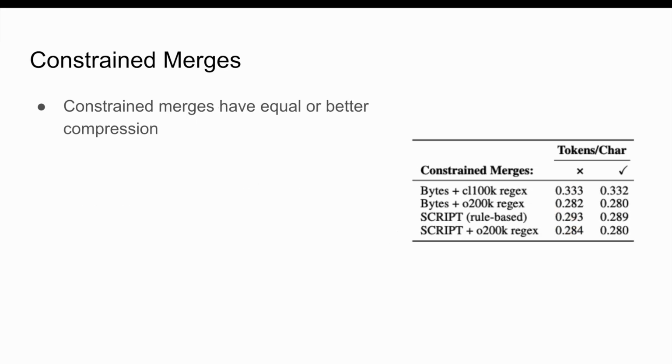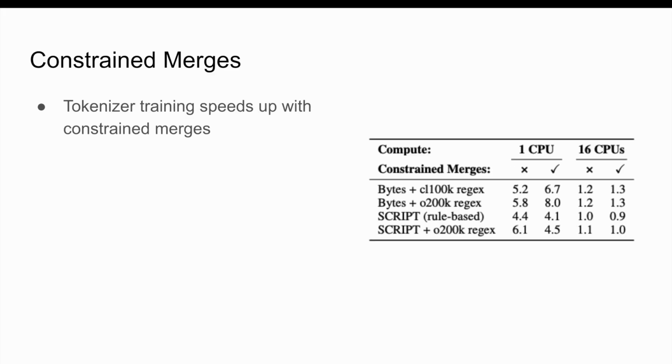Again, we want to make sure that this doesn't affect other things, so we check the compression, and the constrained merges have equal or better compression across the board, so it's not making our sequences longer. We also want to make sure that this is something that we can feasibly use. I alluded to this before, but the picky BPE method, the way we implemented it, is really, really slow. So that's something to keep in mind.